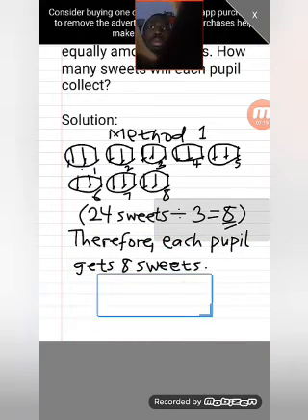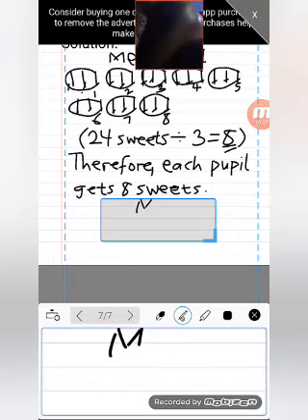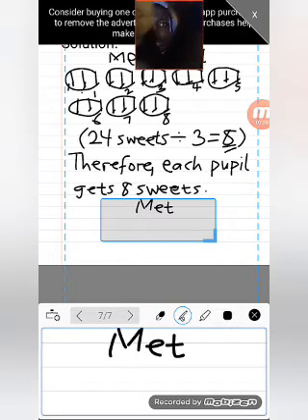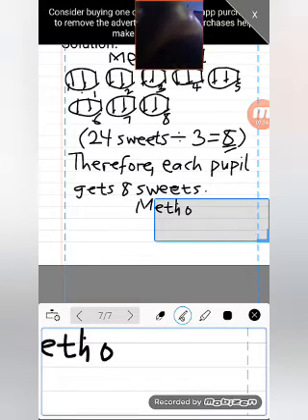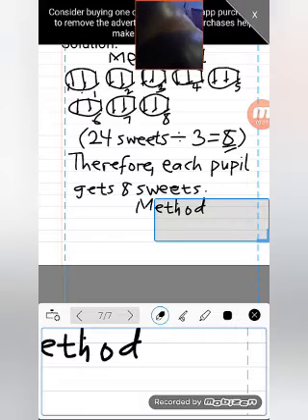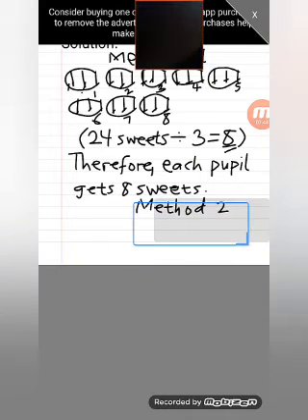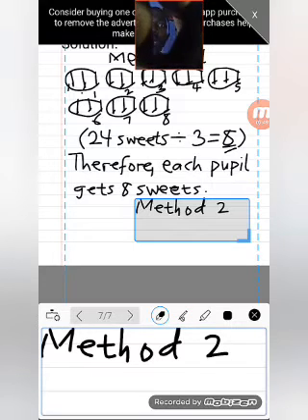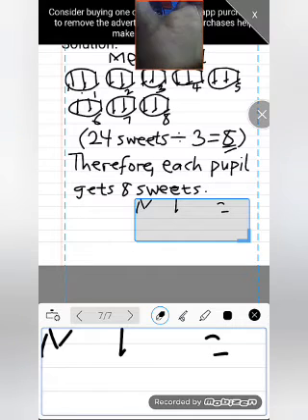And if you want to do the method of using the multiplication table, as method 2, there is no space here, so let's use the other page for method 2.